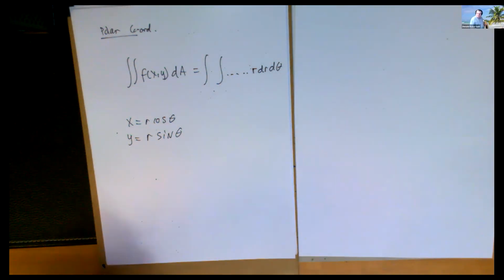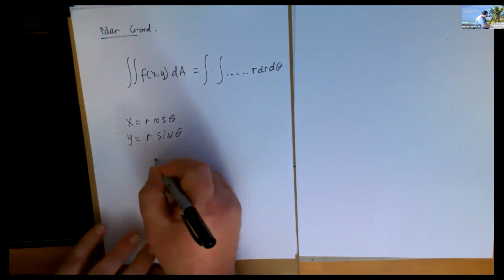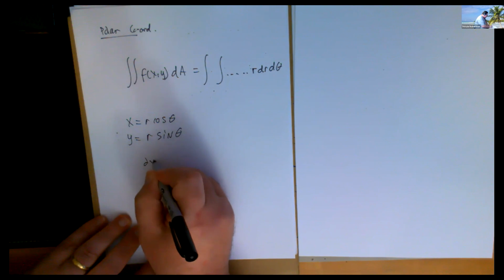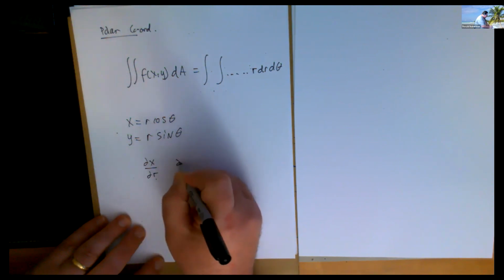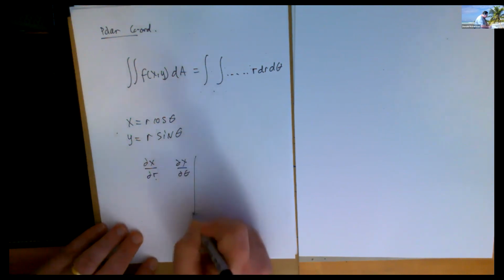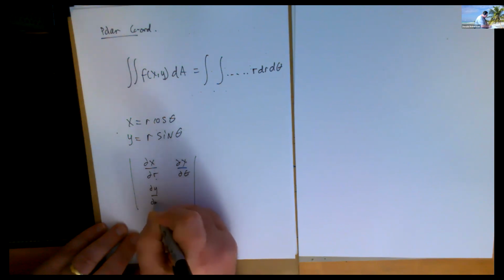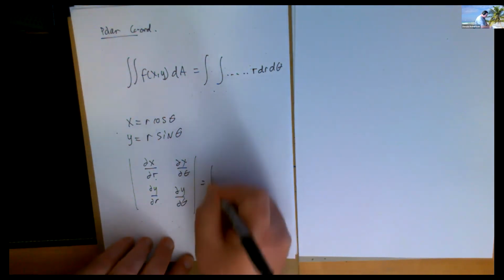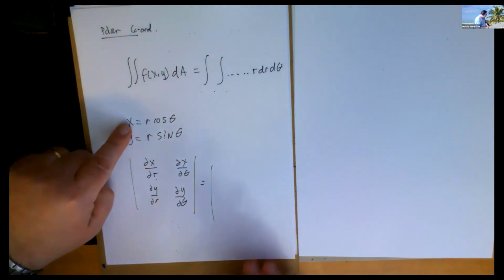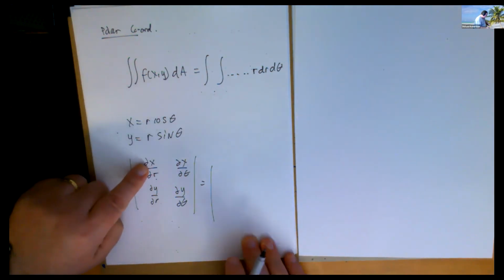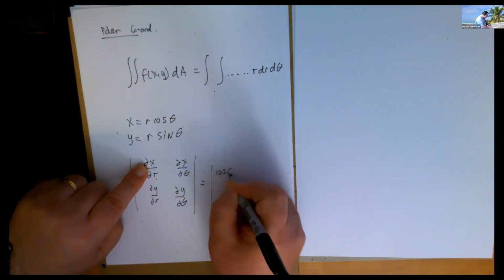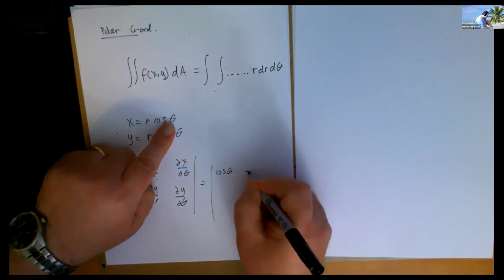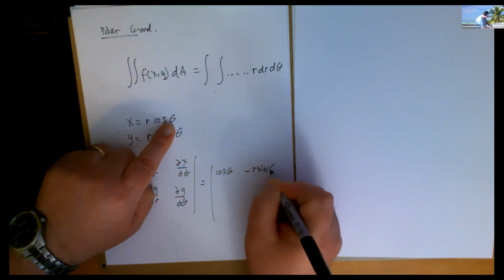Right, let's prove it. So we only have a few minutes left. In this format, if you do dx by dr, dx by d theta, dy by dr, dy by d theta, you do the Jacobian. Let's see what you get. If you differentiate this guy with respect to r, you get cosine theta. With respect to theta, you get negative r sine theta.